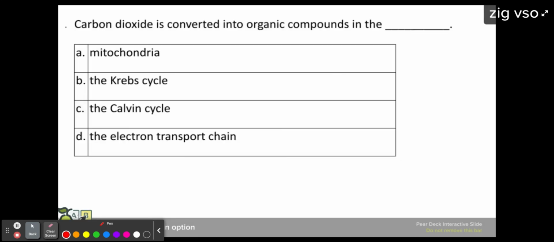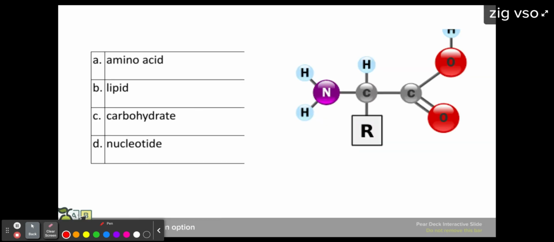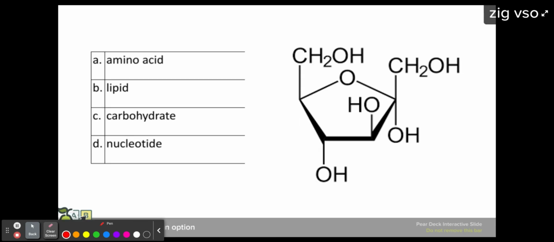Carbon dioxide is converted into organic compounds in the... Unlike other carbon-based molecules, nucleic acids are known for their... What is this?